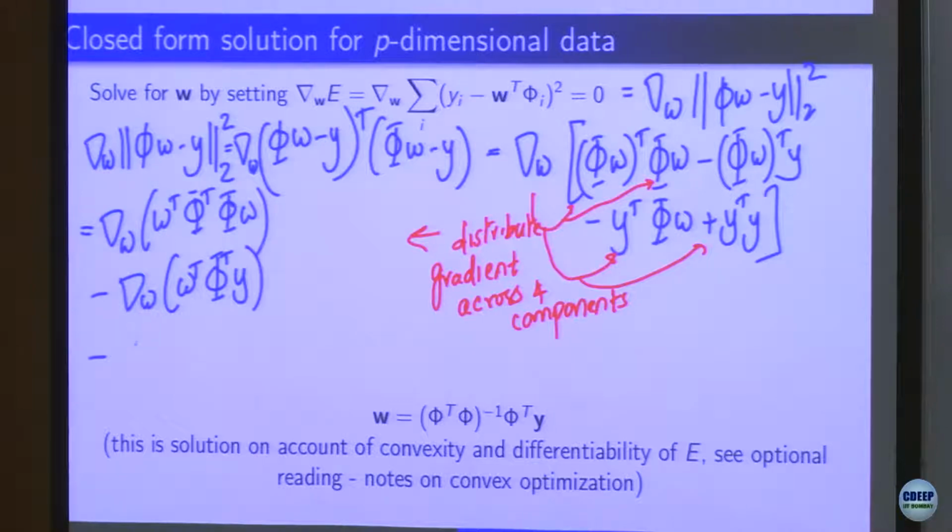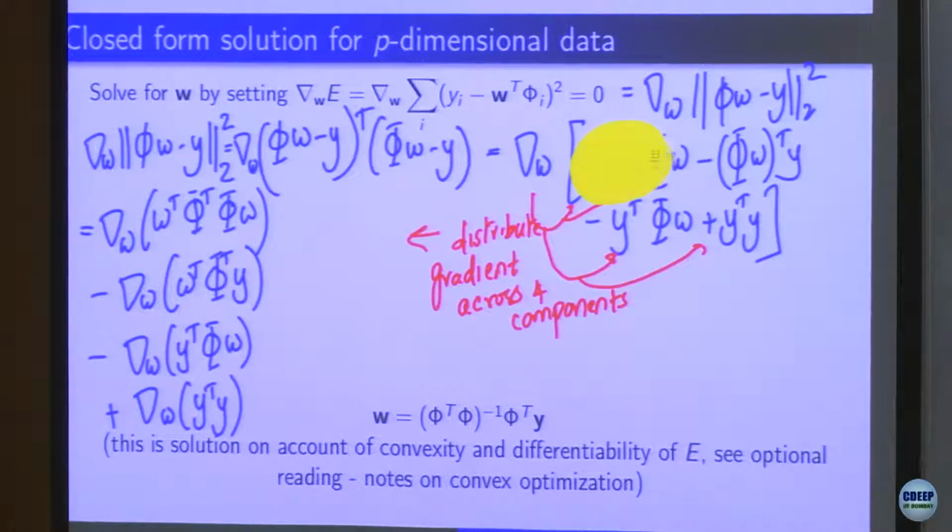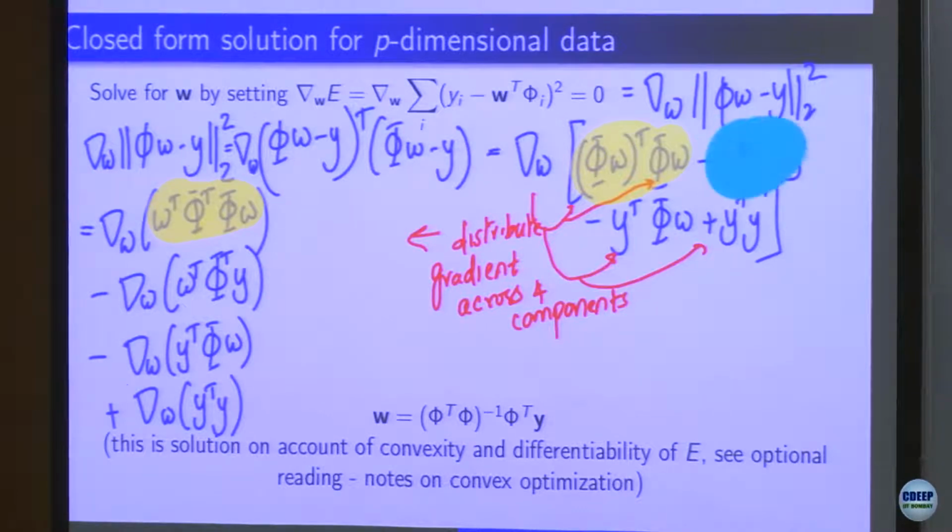Minus the gradient of this, which is Y transpose phi W, plus the gradient with respect to W of Y transpose Y. I'm just going to color code these different components.